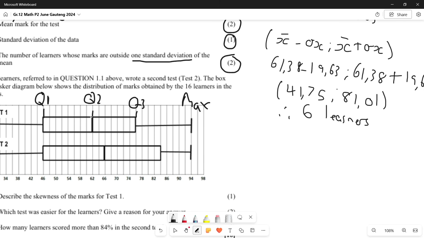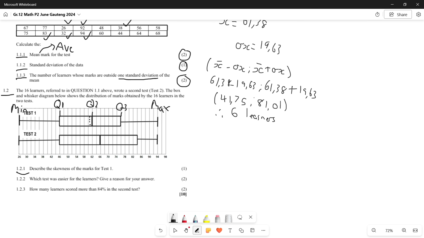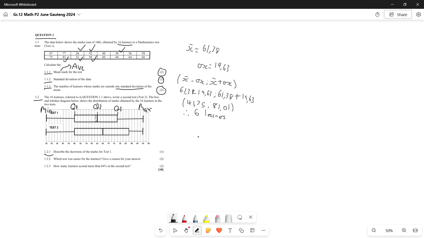And if we're going to compare it to our Q2, which is 62 on the dot over there, we have our mean just to the left of our median. Cool. Which means that if our mean is to the left of our Q2, it means that we are skewed to the left. If our mean was to the right of our Q2, it means that we'd be skewed right. So it's all about the relationship between the mean and the Q2 to determine the skewness of our box and whisker, which means we can just go ahead and write skewed left, and that'll earn us 1 mark.